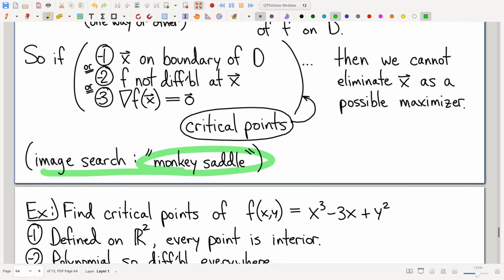It's kind of like a saddle point, except instead of two upward directions and two downward directions, it has three upward and three downward. The monkey needs three downward directions, one being for his tail, right? So it's pretty cute. Somebody on one of the pictures I saw actually drew a little monkey on top of the thing.